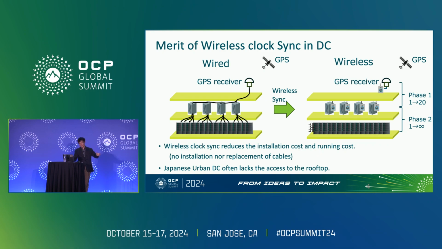But in order to reach hundreds of thousands of servers, the reason I put phase 1 and phase 2 is that phase 1 is doing the mesh network time comparison with the two-way method.